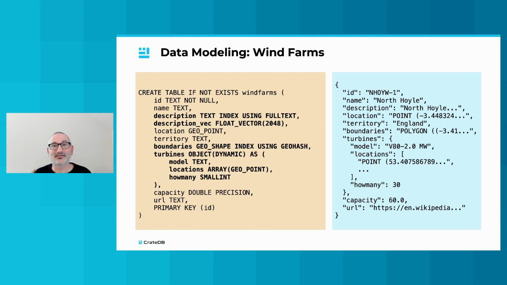Inside the database itself, we can then perform KNN or nearest neighbor semantic search on those fields. So we can encode a search query using the same OpenAI model. So we might ask a question like, which wind farms are located in the southeast of England or have certain properties?